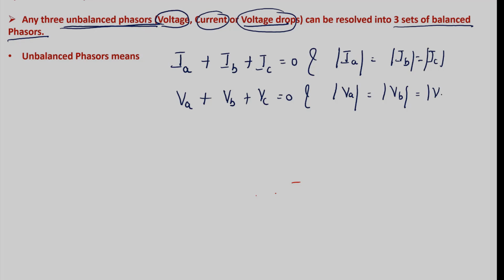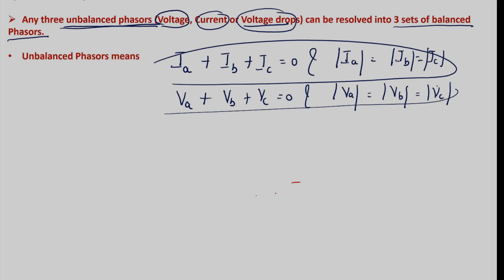So if both the conditions are satisfied, then we say that our phasors are balanced. If one of the conditions is not satisfied, or both conditions are not satisfied, then we call them the unbalanced phasors. Understand?